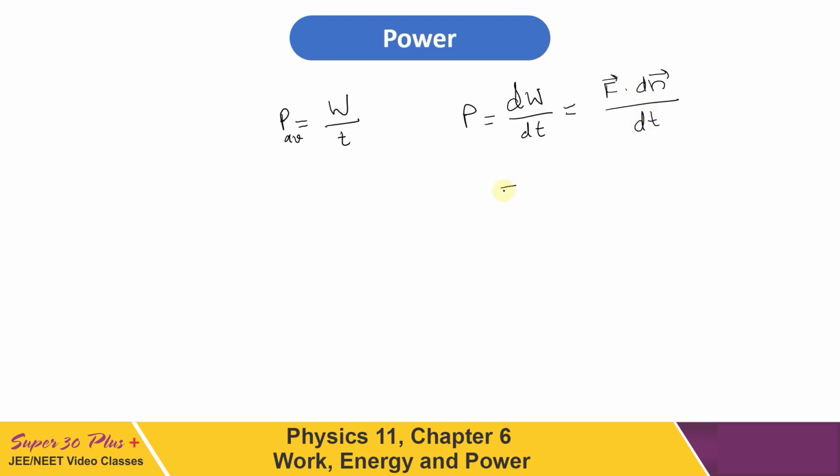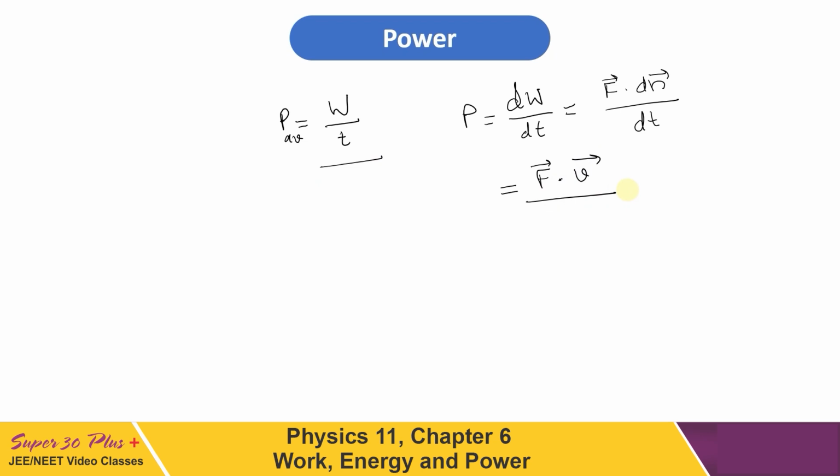So from here we get instantaneous power equal to F dot V. Now we have two mathematical definitions for power. We will use whichever is required in the given situation. If in a numerical velocity and force are given, then we need F dot V, and if work done is given, then we write work done upon time. So this is how power is written.